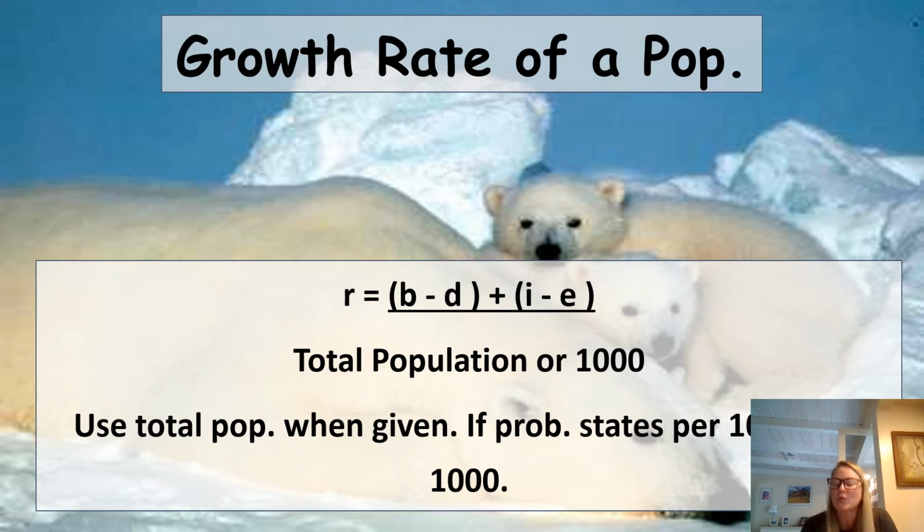Okay, your answer will most likely come out in a decimal form. So that's how you kind of know you did it right. And don't be scared if the number comes out to be negative. It just means that the population is shrinking. Okay, it does not mean anything else.